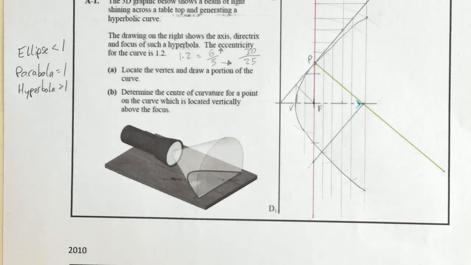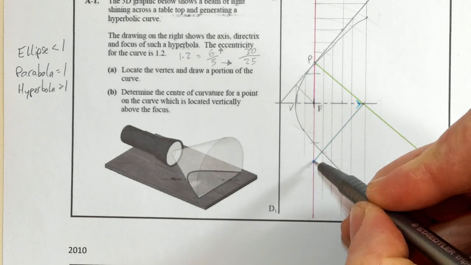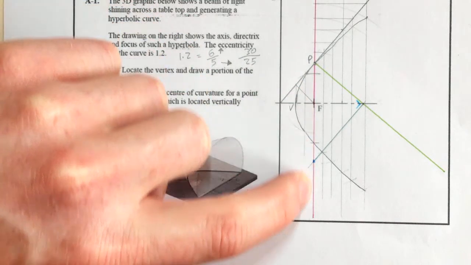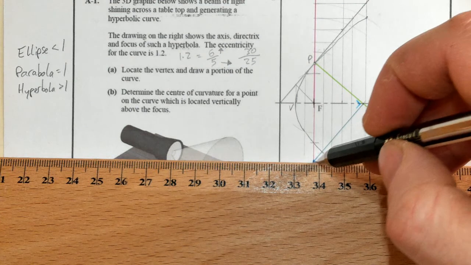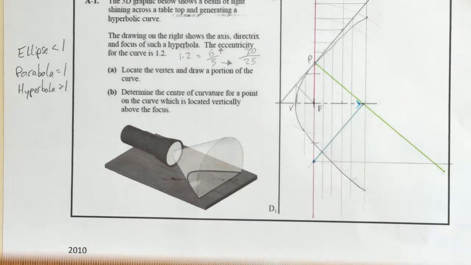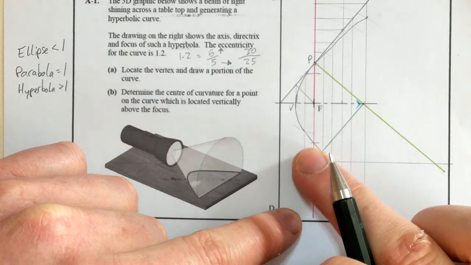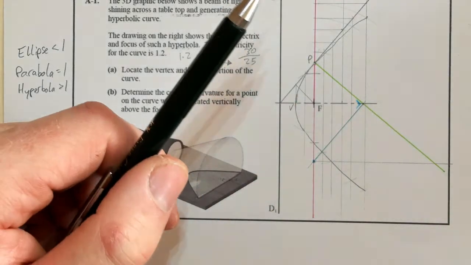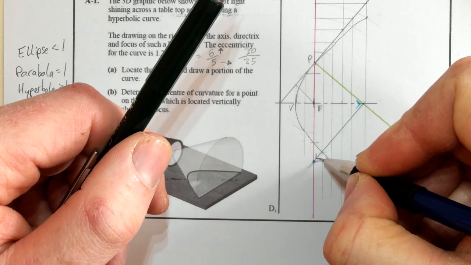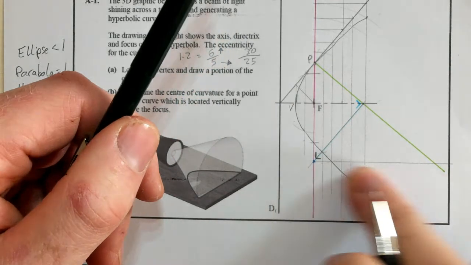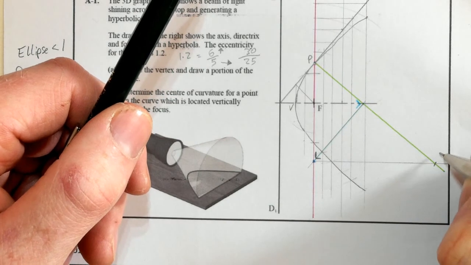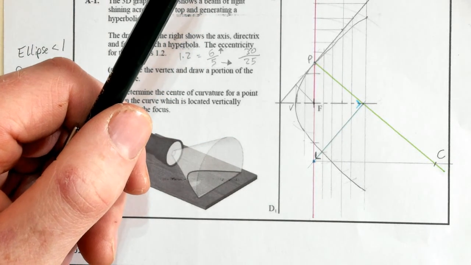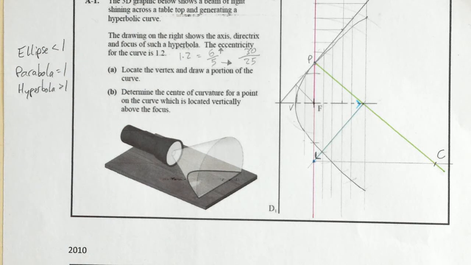Last little step then, where this blue line intersects my line PF that I extended, I go perpendicular to the line PF, which is a vertical line, so I'm just going horizontally across, and I'm just going to indicate there that that is 90 degrees, and where that line now intersects the normal, that is point C, our centre of curvature. And that would complete the question for us.